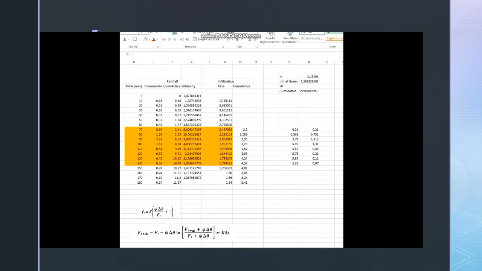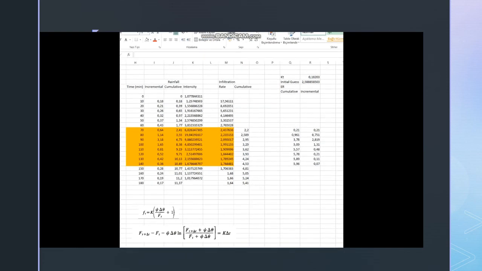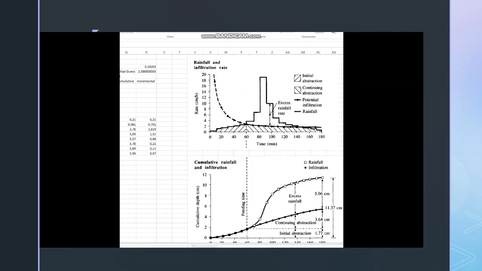As you see, we constructed all our variables, and then let's see how our graphs or figures look. Okay, when we draw our hydrograph, as you see here, for rainfall and infiltration rate, we have potential infiltration and rainfall.